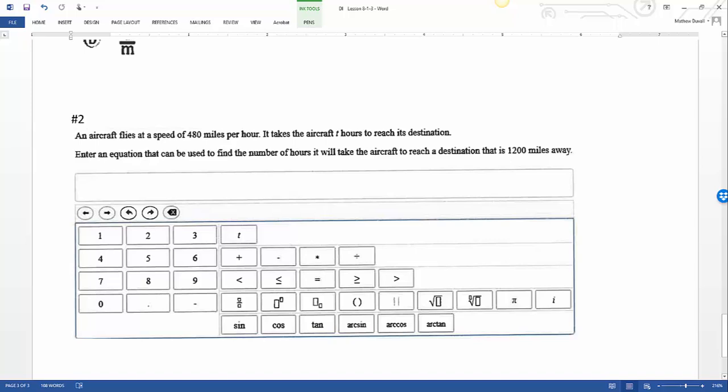An aircraft flies at a speed of 480 miles per hour. It takes the aircraft T hours to reach its destination. Enter an equation that can be used to find the number of hours it would take the aircraft to reach a destination that is 1,200 miles away. So we need to know that the equation is distance equals rate times time.